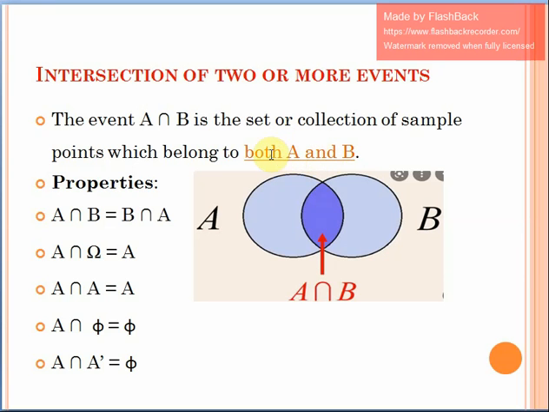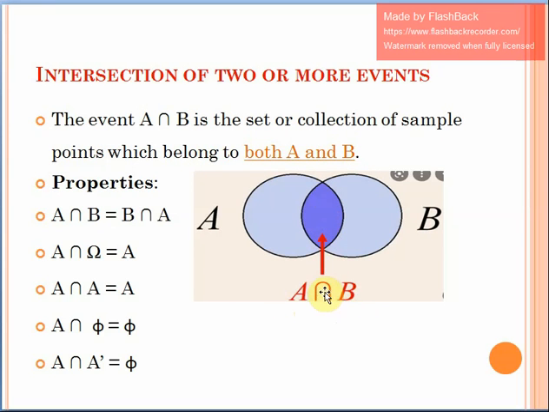So when we are talking about both A and B, we are using A intersection B. This circle represents A, this circle represents B, and the common part, shaded, is nothing but A intersection B.